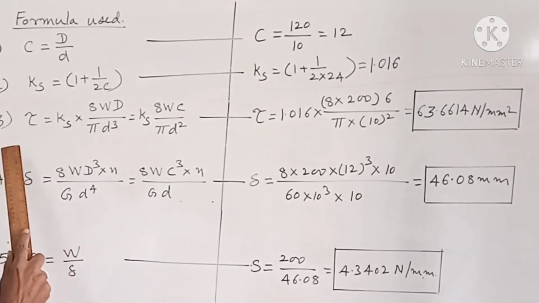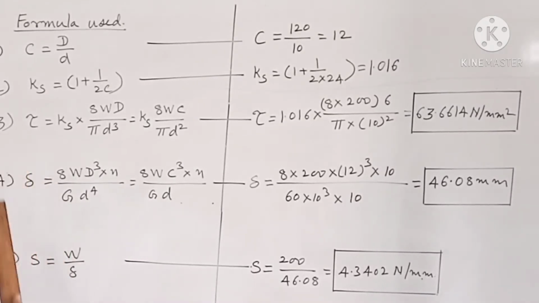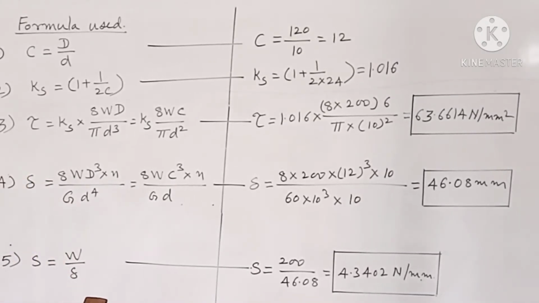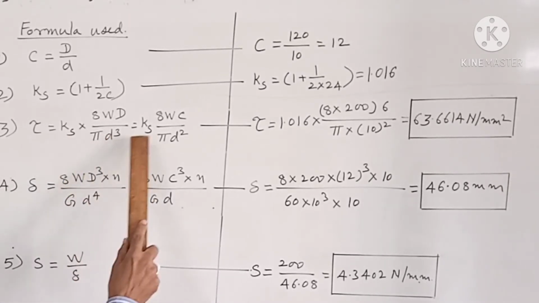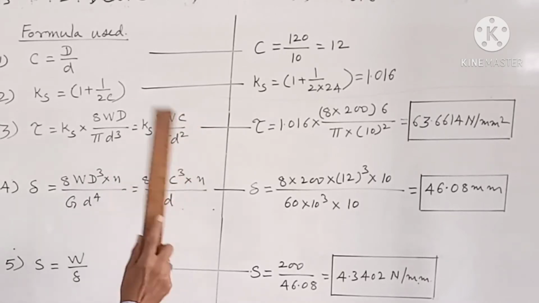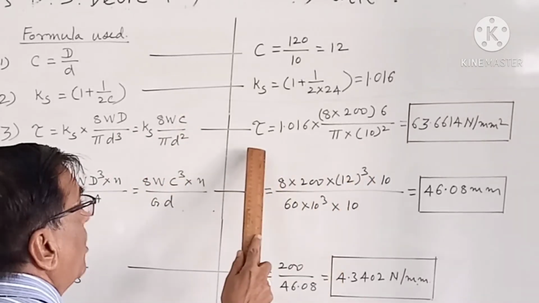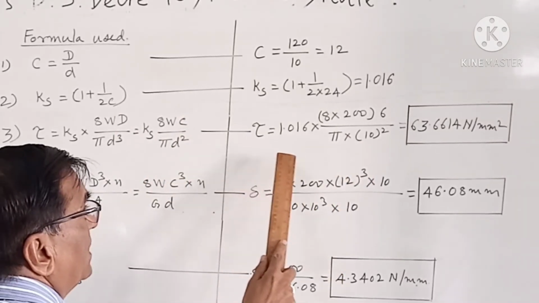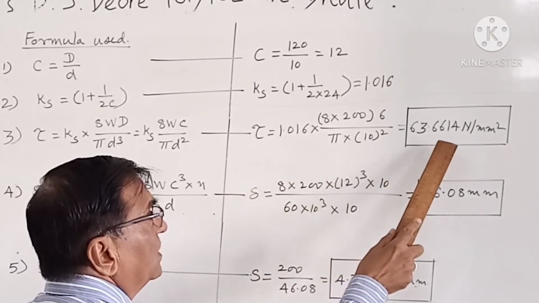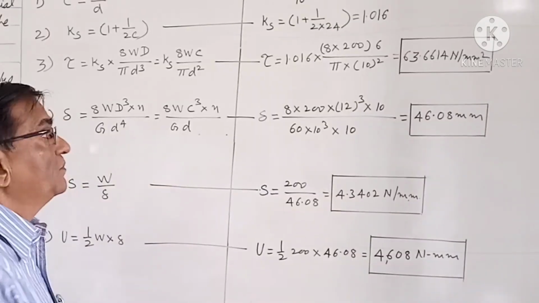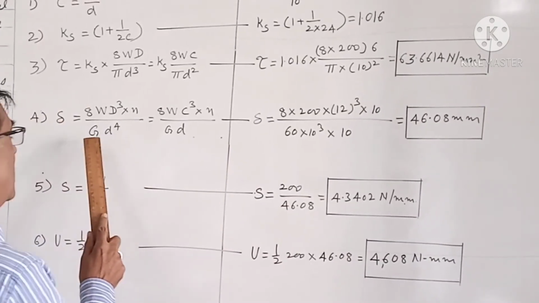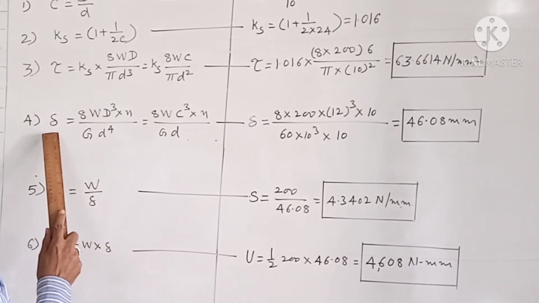Now the total shear stress neglecting the effect of curvature, putting the value of Ks, W, C and d square, we can find out the value of total stress tau, that comes out to be 63.6614 Newton per millimeter square.